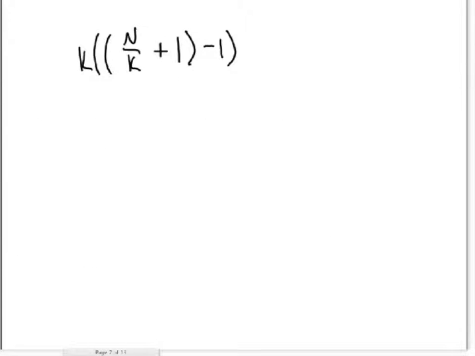Because we can assume that, we can substitute that in instead of the ceiling function, and we also have a bunch of things that will cancel out. The 1's cancel and the k's cancel, which leaves you with this whole thing being equal to n.